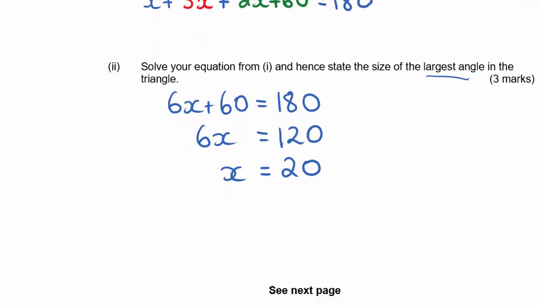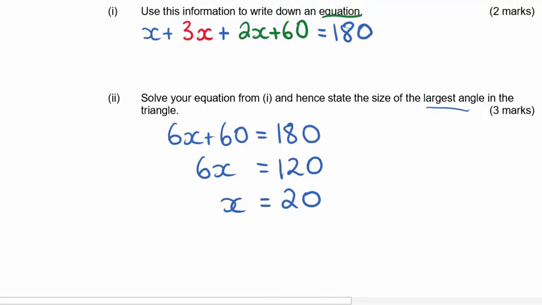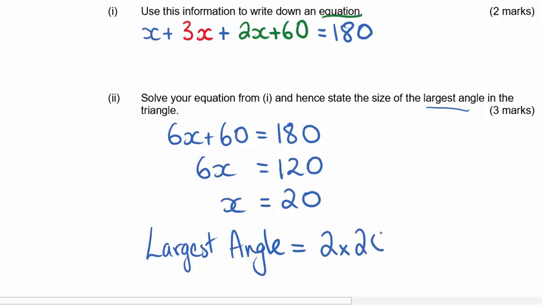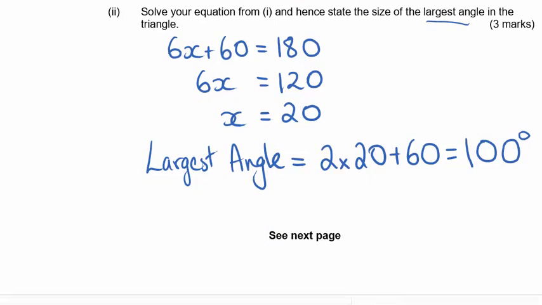So I can substitute in: my largest angle equals 2 times 20 plus 60, which is 40 plus 60, 100 degrees. And that's the end of the question.